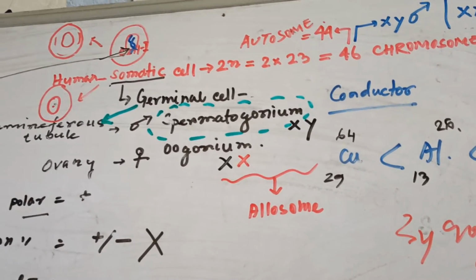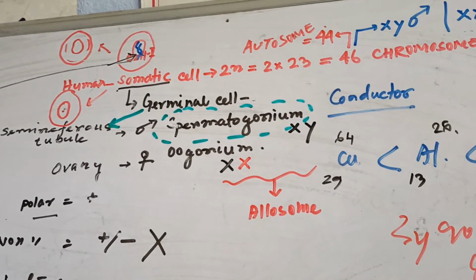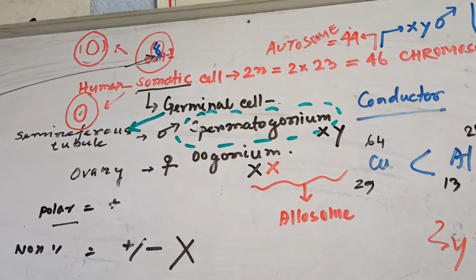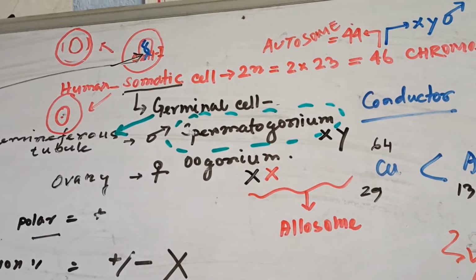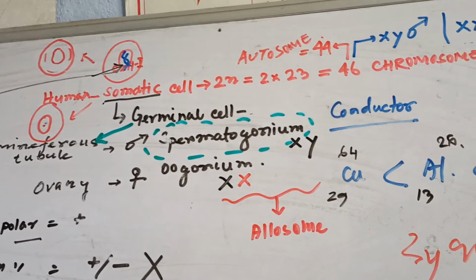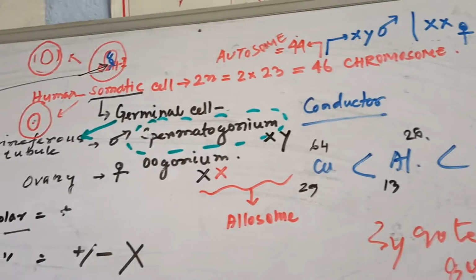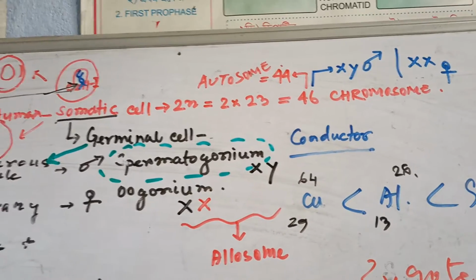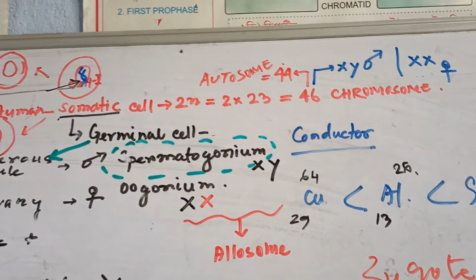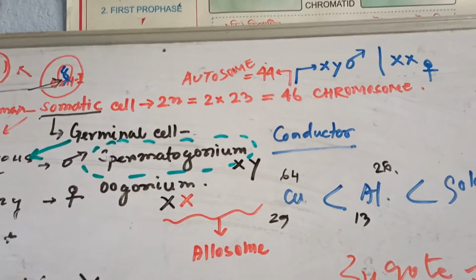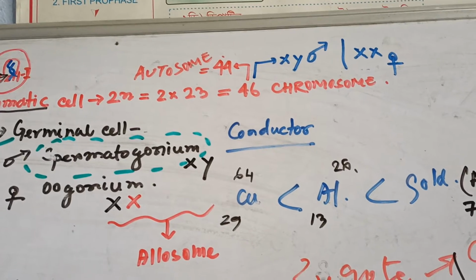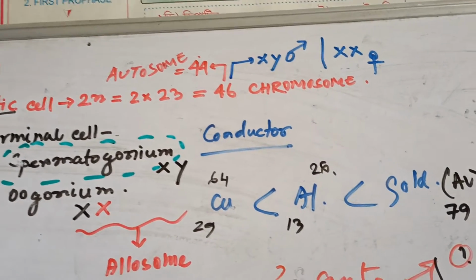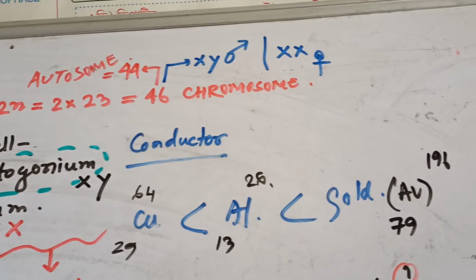So all is diploid and retains 2 into 23, 46 chromosomes. But in the somatic cell also, the chromosome constitution bearing 44 autosomes, and then for the male XS and female XY.